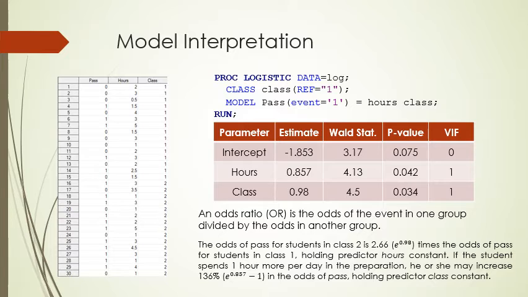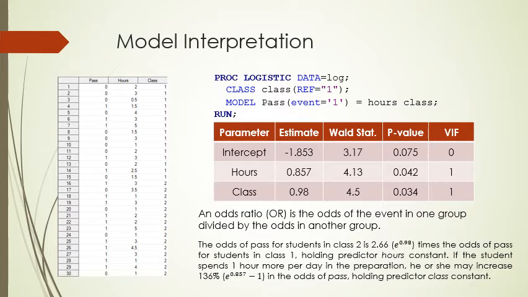This interpretation is not very intuitive. Normally, we use the more intuitive odds ratio instead. An odds ratio is the odds of the event in one group divided by the odds in another group. According to the model, the odds ratio is the exponential of the coefficient estimate.